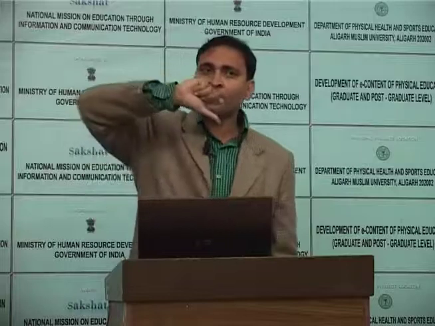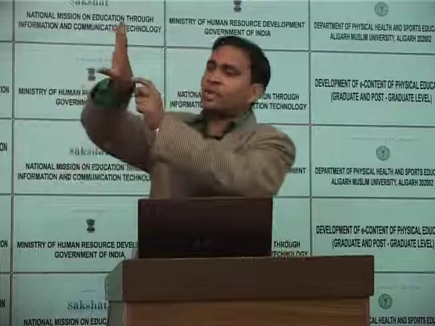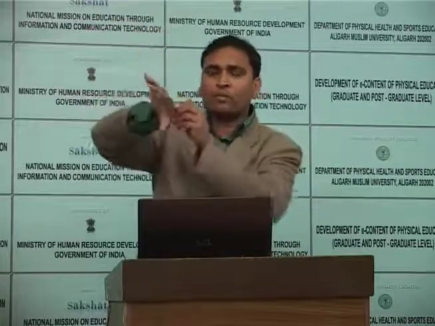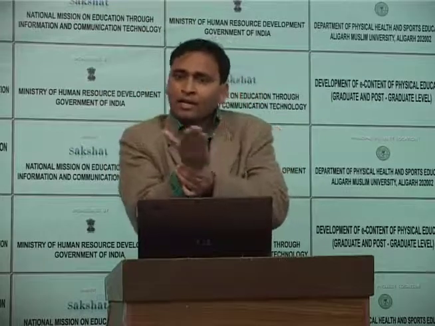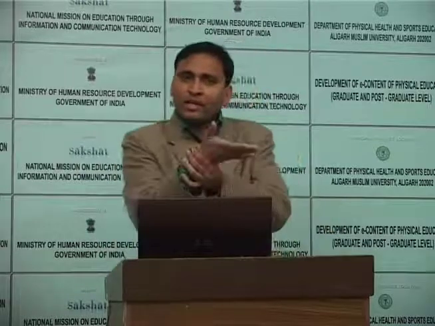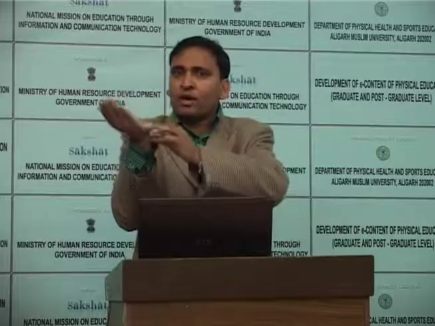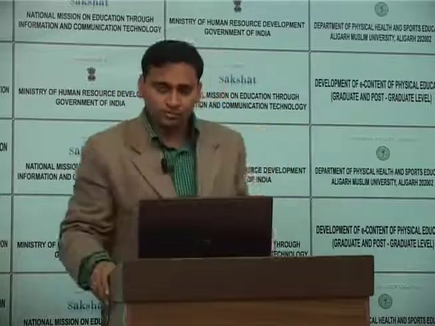So I have told you these two muscles, ECRB and ECRL, originate near the lateral epicondyle of humerus and insert over the base of second and third metacarpals. ECRL is over the second and ECRB over the third. So both are able to extend the wrist as well as radially deviate the wrist. So if anything is going to deviate your wrist in adduction or ulnar deviation, both muscles will work as antagonists.